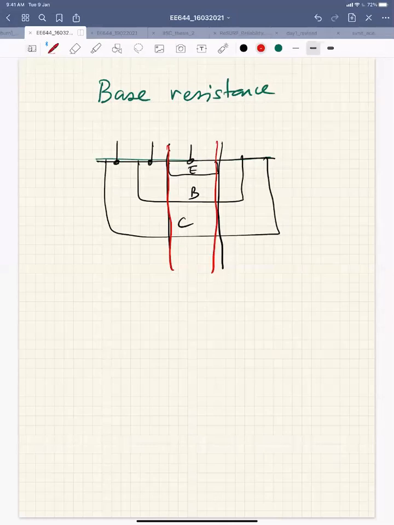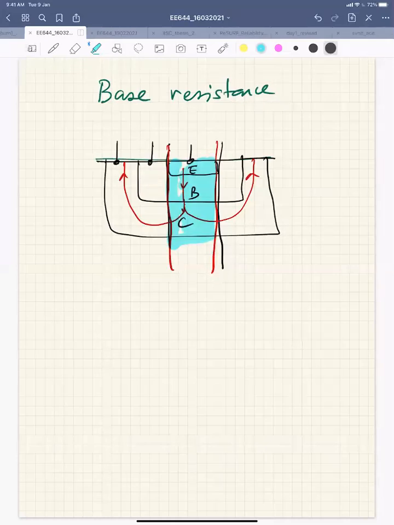The injected electrons are collected and flow to the contact, like this. So this is my intrinsic part, and the other part is the extrinsic part.